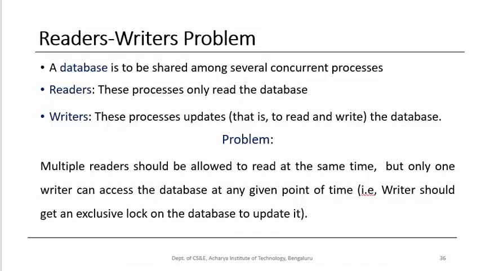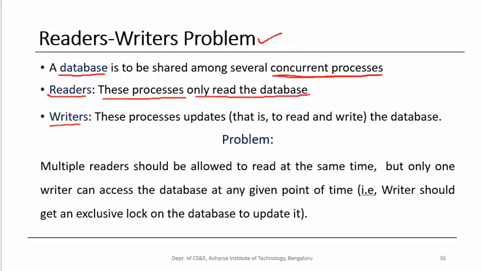Okay, let's see what is the readers and writers problem. Let's assume that there is a database which is going to be shared among several concurrent processes. Let's name these concurrent processes as readers and writers. Readers are those processes which only read the database.